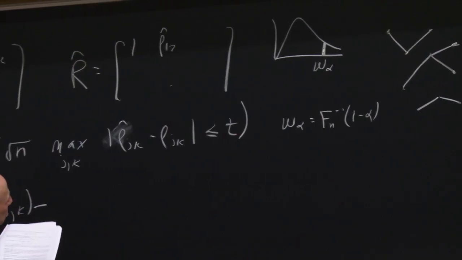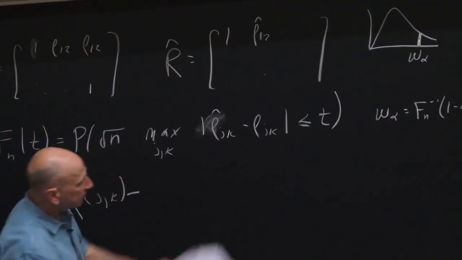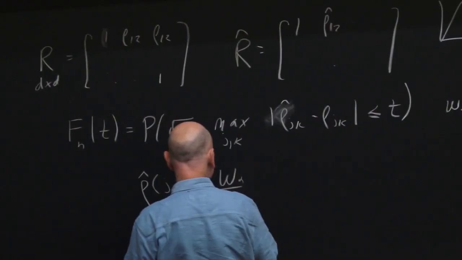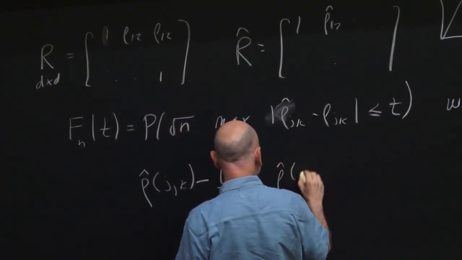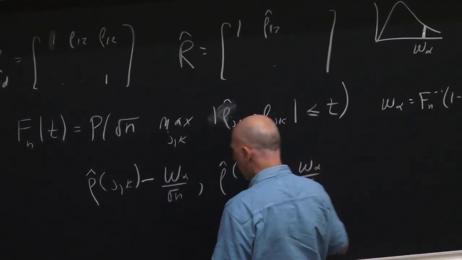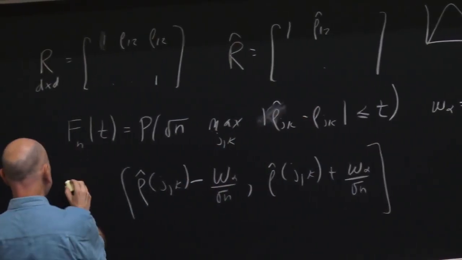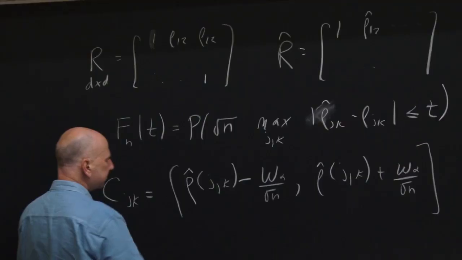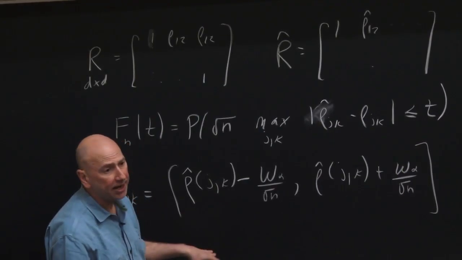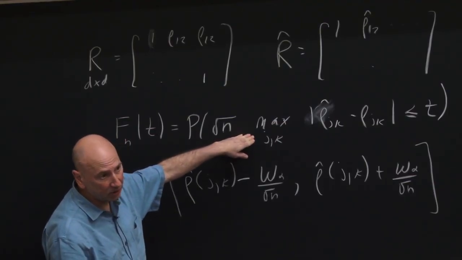Then with probability 1 minus alpha, we know that the maximum is always less than or equal to that quantity. So I can take rho hat minus W alpha over root n, and rho hat plus W alpha over root n. Let's call this C_jk. That's an asymptotic 1 minus alpha confidence interval for the jkth thing. But because it's with respect to the max, it's simultaneously for all pairs.